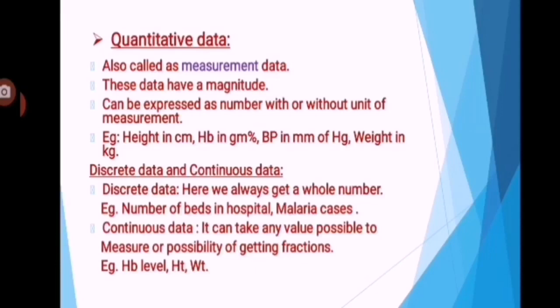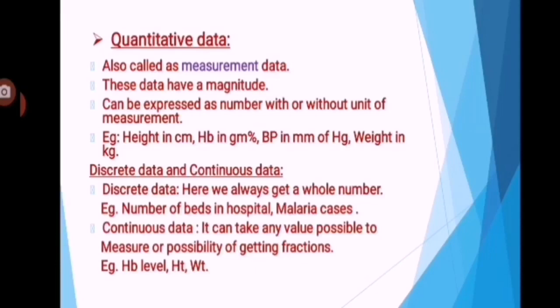HB, that is hemoglobin count, can be measured in gram percentage. BP, blood pressure, can be measured in millimeter of mercury, and weight of the particular person in kilograms, etc. These examples are quantitative data. This data gives the amount present. So it is called quantitative data.